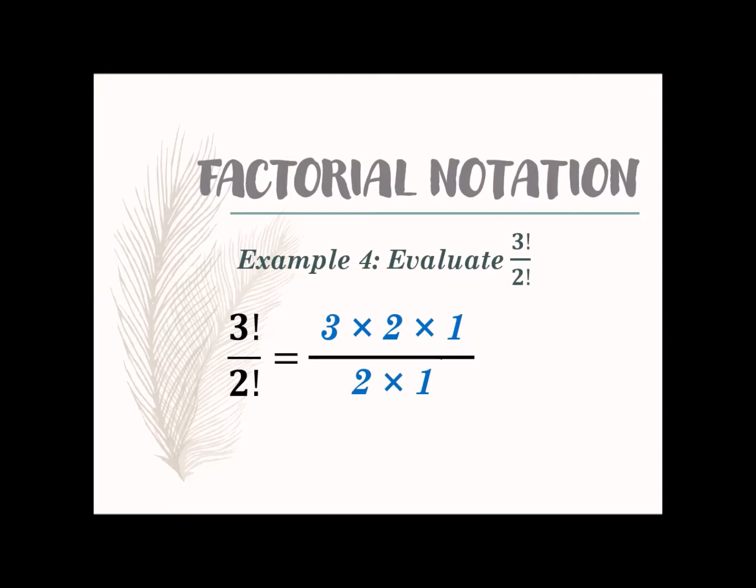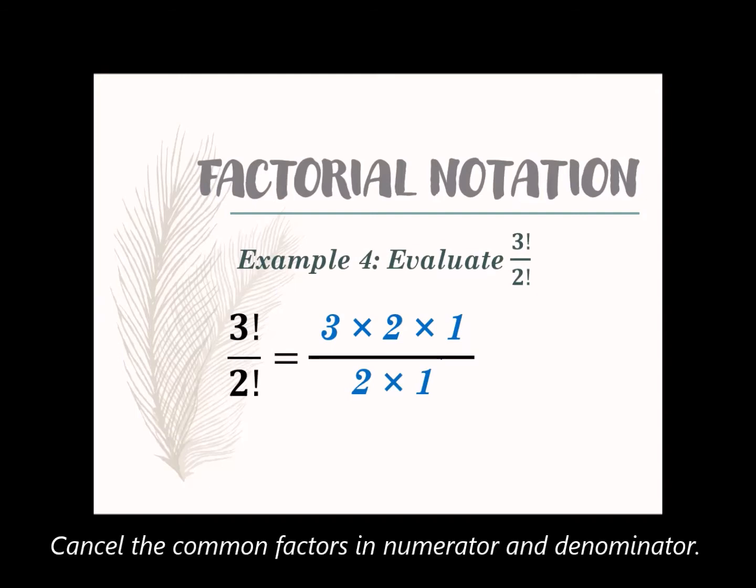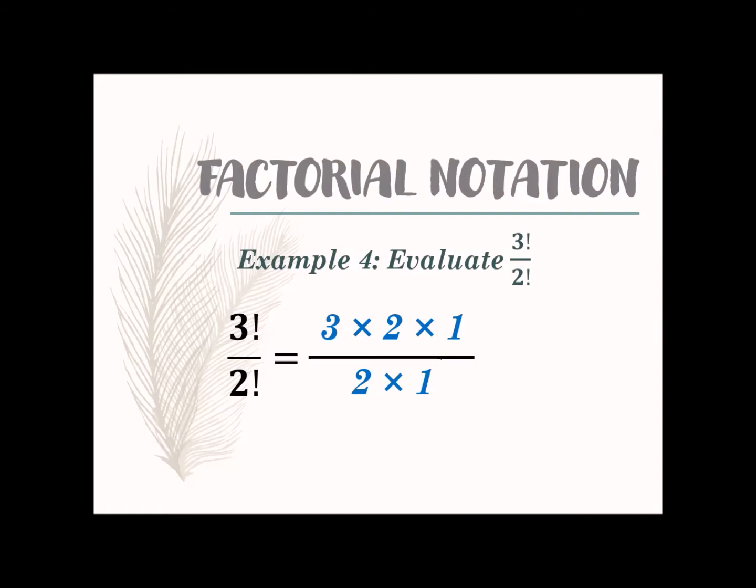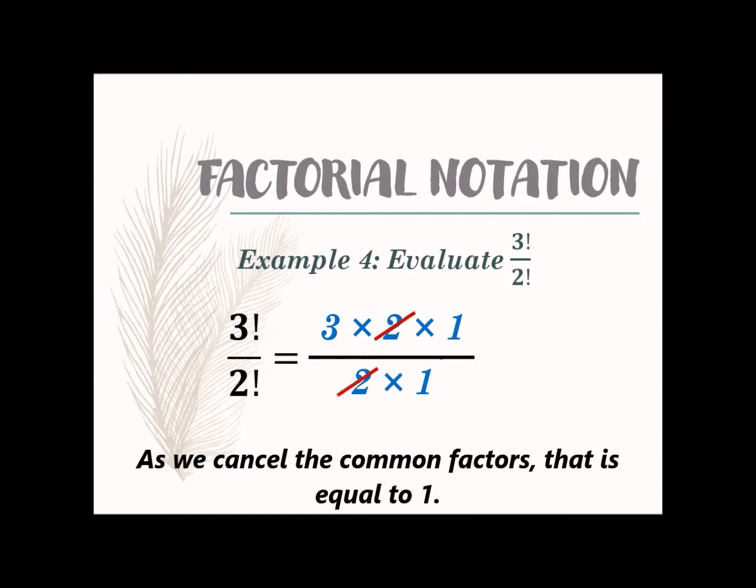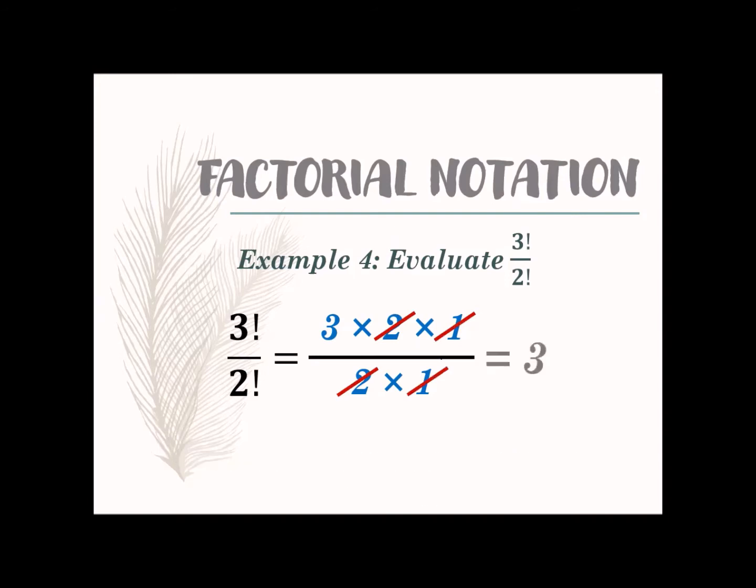In this kind of situation, we're going to cancel common factors, meaning the common numbers in the numerator and the denominator. You can cancel them because multiplication is involved. So we cancel 2 because it is our common factor, as well as 1. As you can notice, only 3 is remaining, which means the answer is 3.